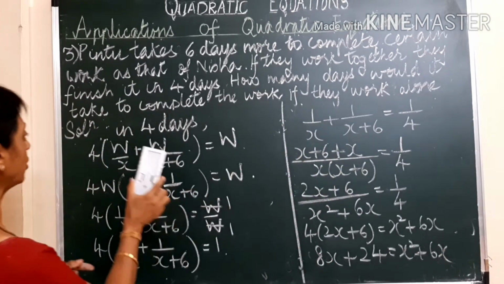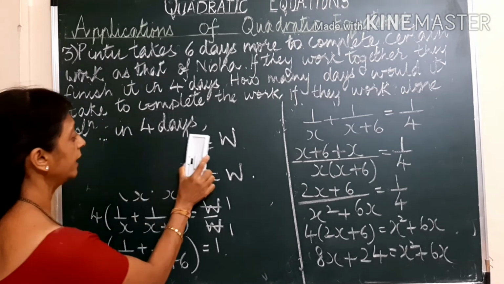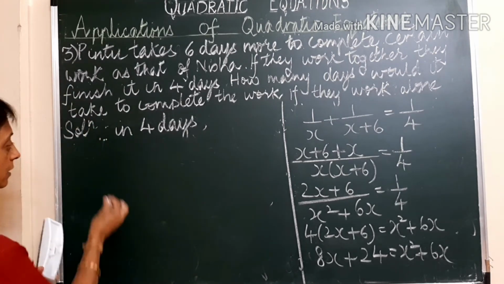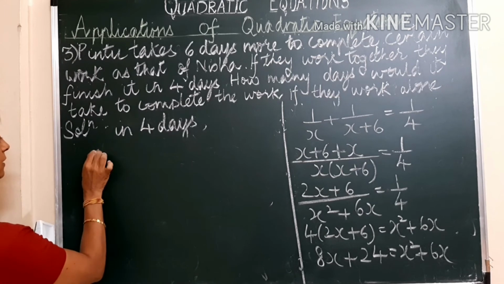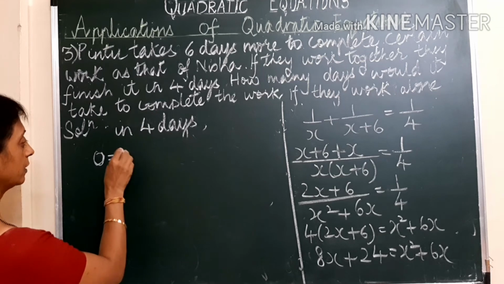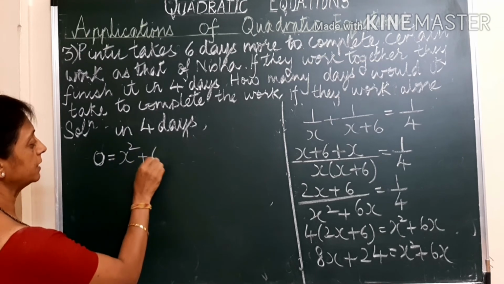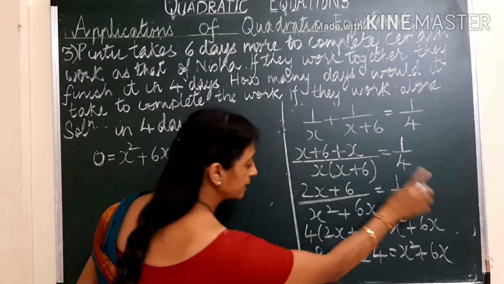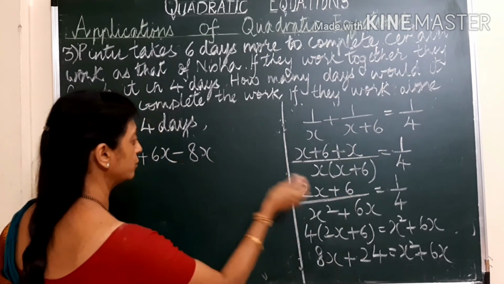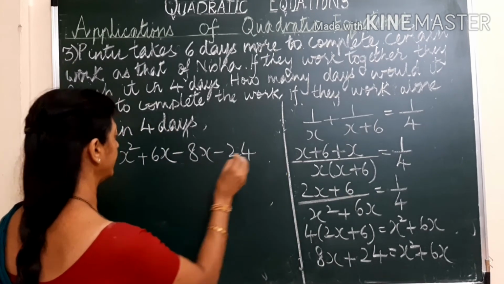Let's take first all the terms on the right hand side. So what are we left with? 0 on the left hand side, which is equal to x square plus 6x, plus 8x goes on the other side, minus 8x, plus 24 goes on the other side, minus 24.